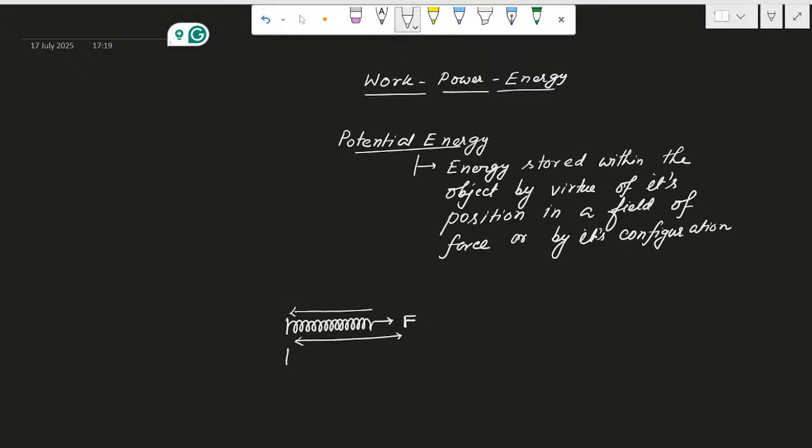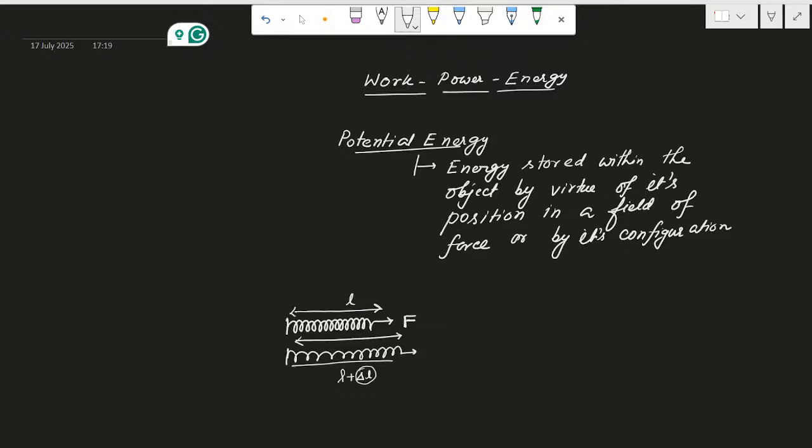Suppose the initial length is L and it gets stretched to L plus delta L, so the change is delta L. Therefore this delta L is also the reason to store potential energy inside the spring.